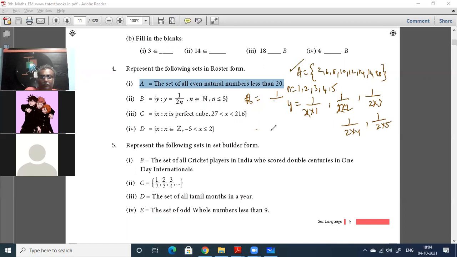Okay. Now what will it be then? B is the set of 1 by 2, 1 by 2 into 4.